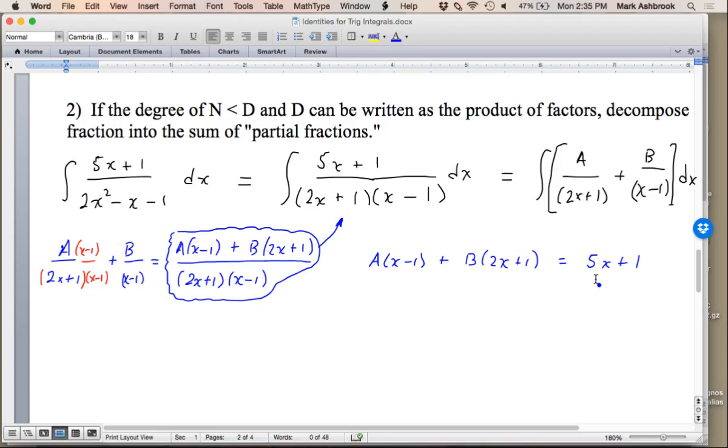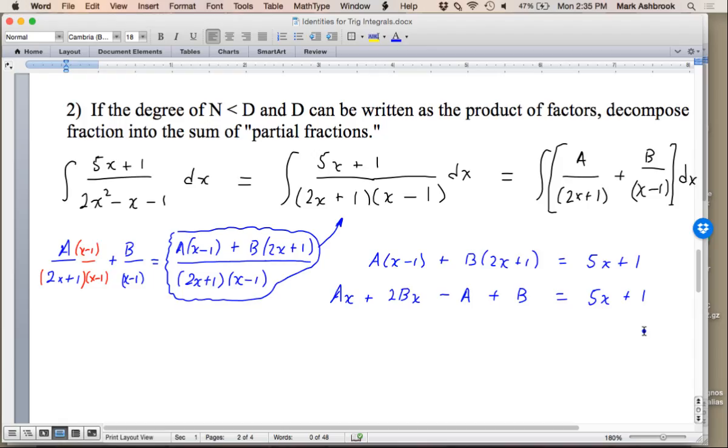Okay, so we need to multiply everything out and get our x terms together and our constant terms together. So I'm going to have Ax plus 2Bx minus A plus B equals 5x plus 1. Did you follow that?